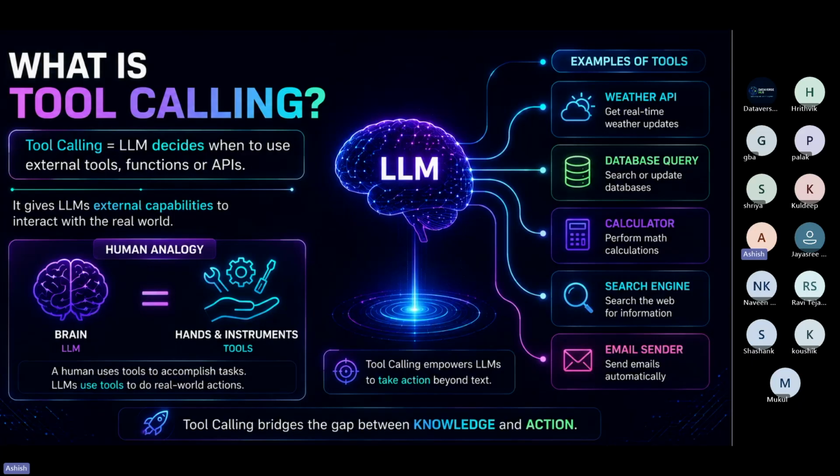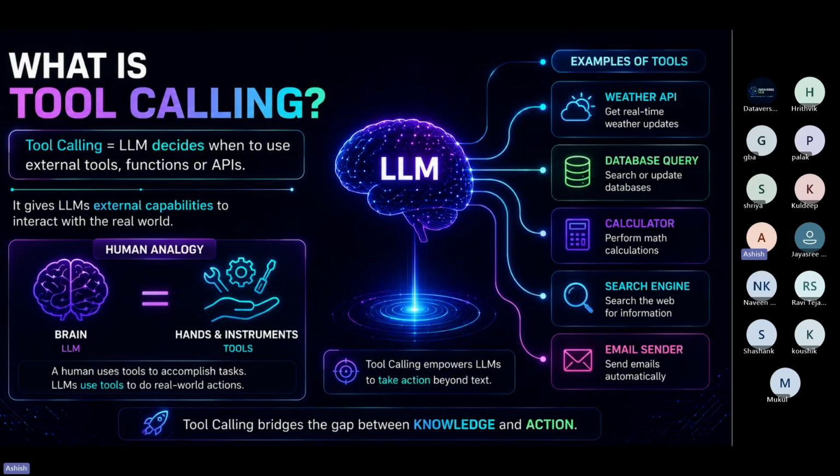A human brain cannot calculate huge numbers instantly, so it needs a calculator. It's similar to that: the human brain is a kind of LLM and the calculator is a tool. It's just a simple analogy.